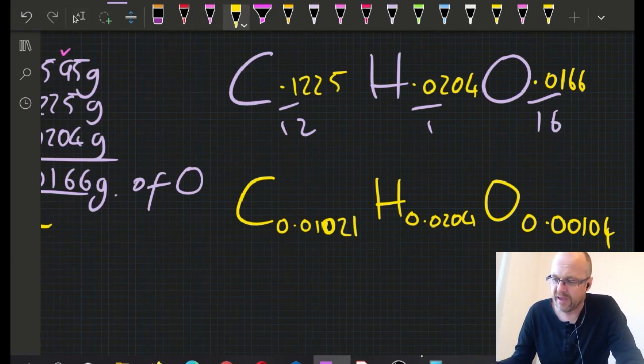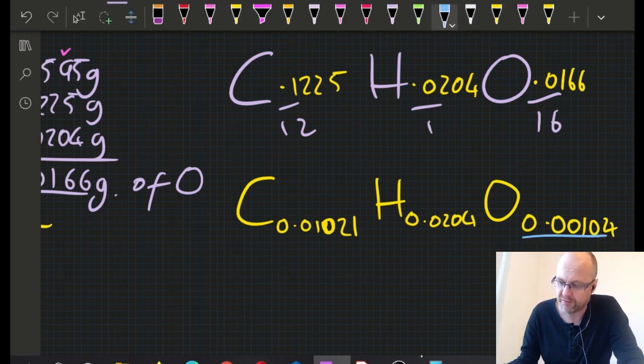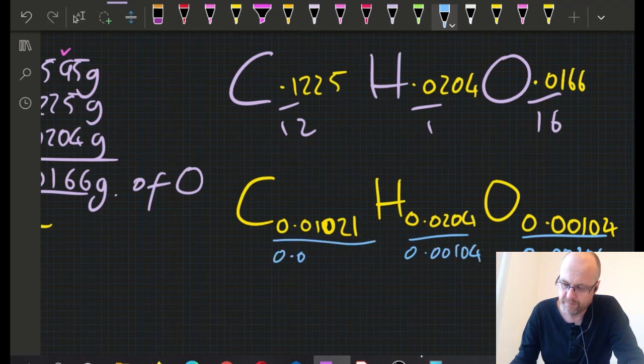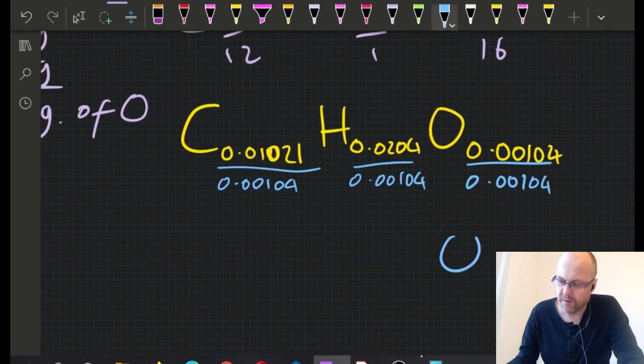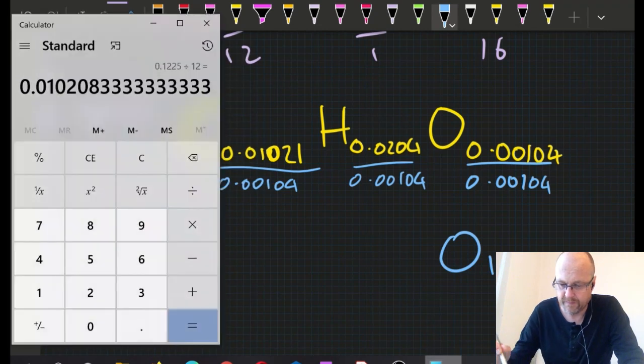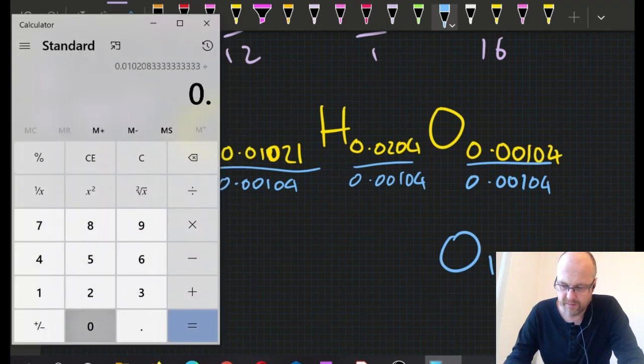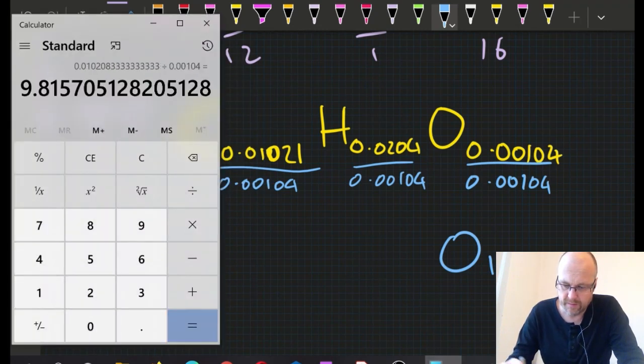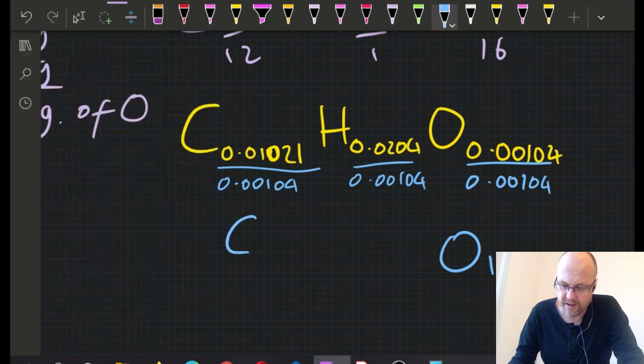Alright, so now I need to get integers out of this. The best way to do that is to divide by the smallest number, which in this case is the number for oxygen. So divide everything by the smallest number. Which gives me, well, that's 1 oxygen. And that's going to be 9.8 carbons.